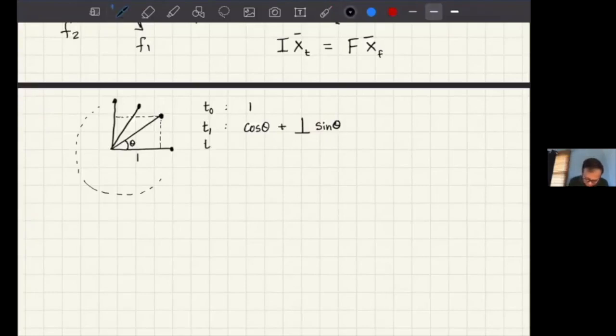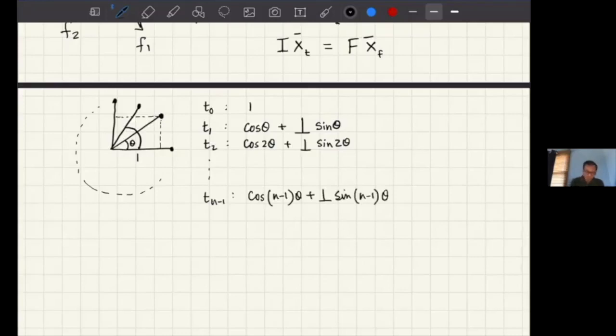Now at time t2, let's say the stick is moving with a uniform angular speed. Then at time t2, this should be cos 2 theta plus, in the perpendicular direction, sine 2 theta. All the way till t(n minus 1), where it should be cos (n minus 1) theta plus perpendicular direction sine (n minus 1) theta.